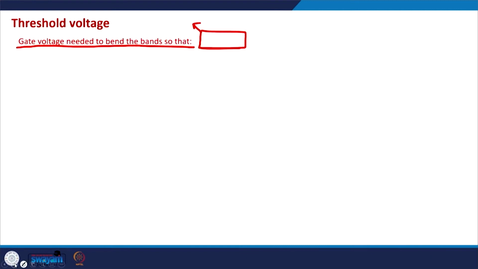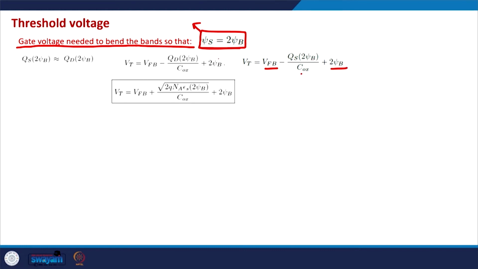So Vt is equal to Vfb minus Qs at psi s equal to 2 psi b, divided by Cox, plus 2 psi b. We have replaced psi s by 2 psi b, and this is the moderate inversion, and even in this inversion we can assume that the semiconductor charge is almost equal to the depletion charge.